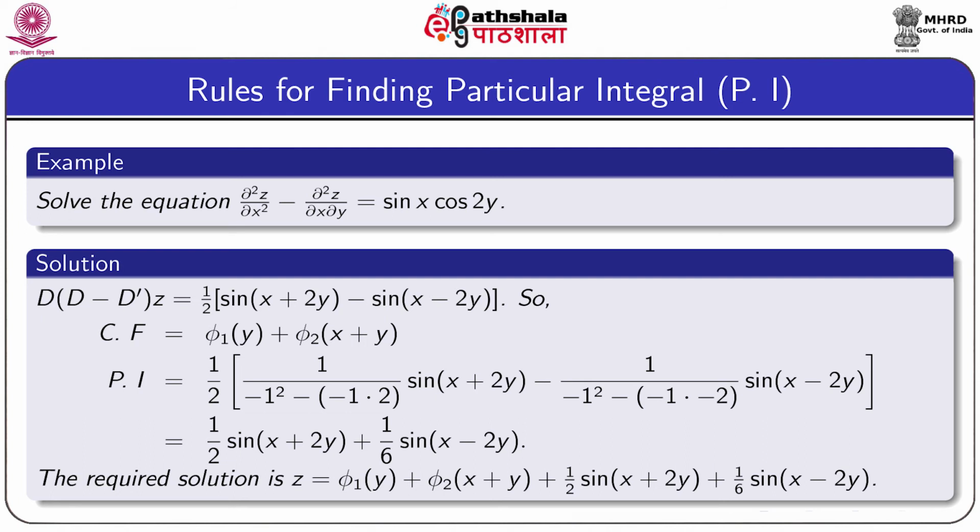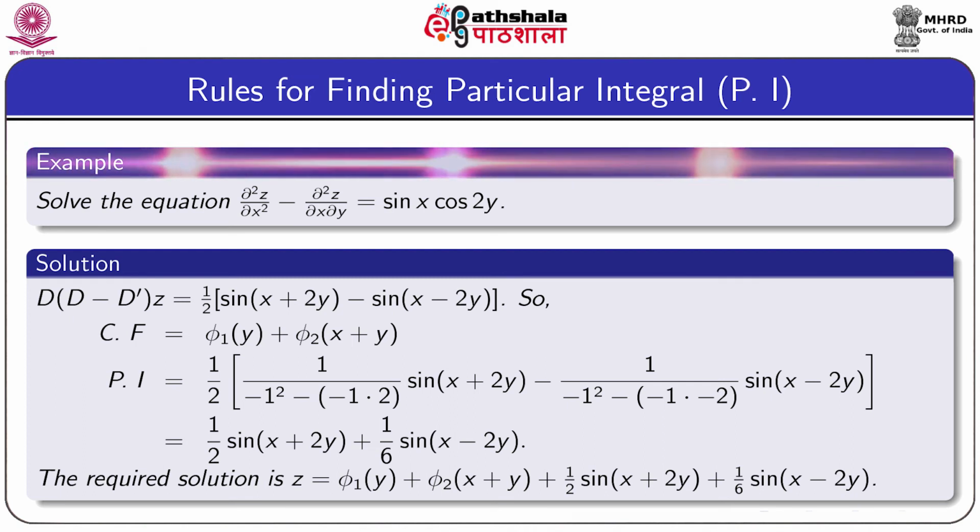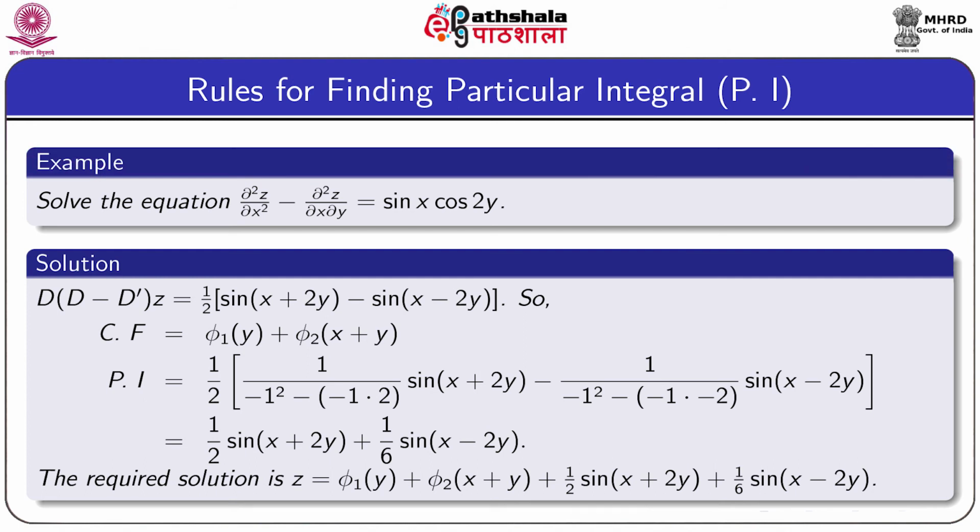The right hand side is sin x into cos 2y. So, to apply the previous rule, we need to write this function in this form: sine of (x plus 2y) minus sine of (x minus 2y). So, the complementary function is very easy to find. The complementary function becomes phi 1 of y plus phi 2 of x plus y, and the particular integral is half of 1 by operating on d square minus dd dash on sine(x plus 2y).